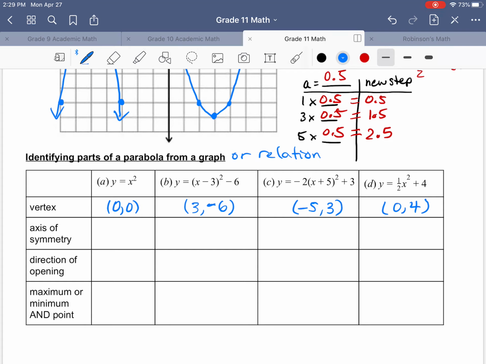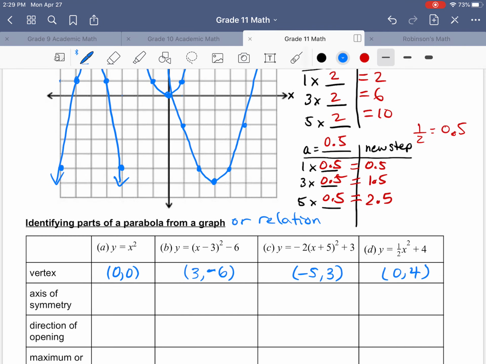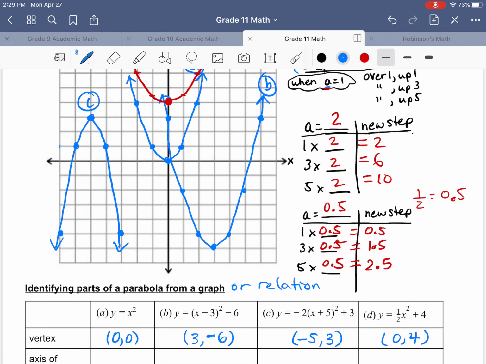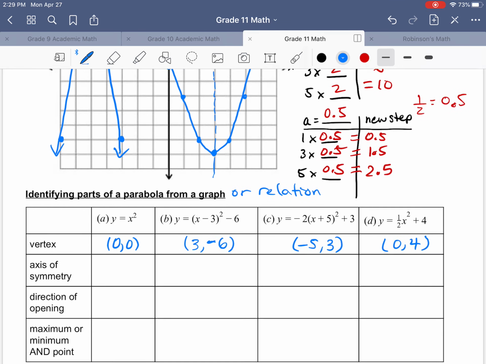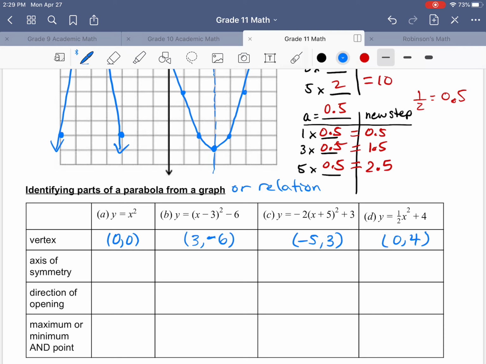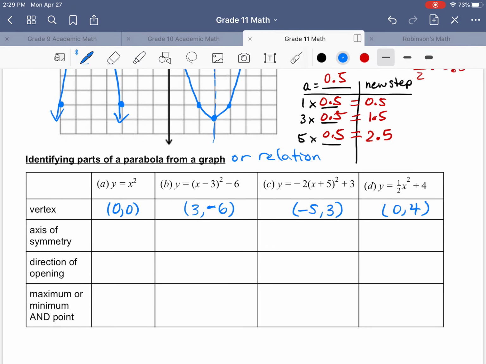So next up, we have axis of symmetry. The axis of symmetry is not a point, it is a line that goes through the vertex. So it's a vertical line going through the vertex. The axis of symmetry is actually written as an equation. So in the case of y is equal to x squared, it'll be x is equal to 0.